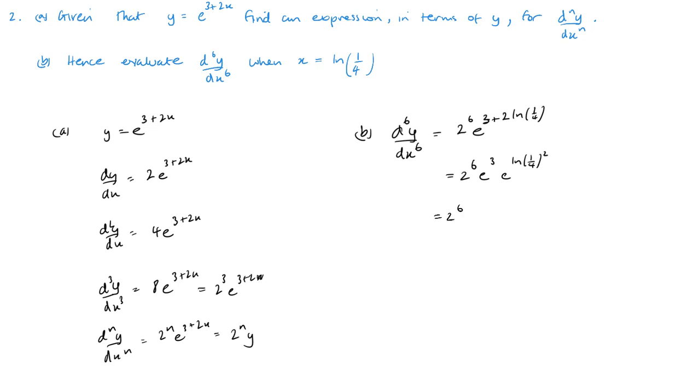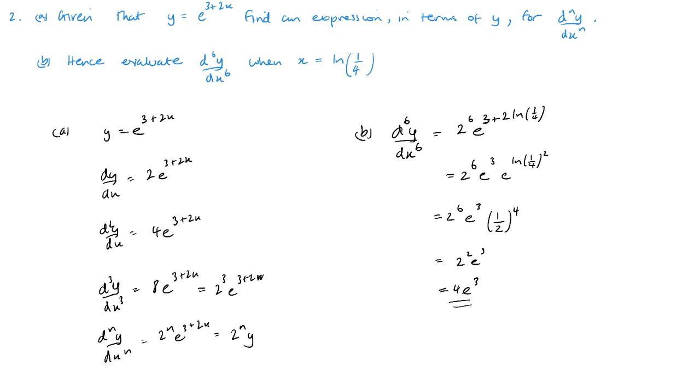So it's 2 to the power 6 e cubed, and this is going to be 1 over, well, I can make it 1 over 2 squared, which would be 1 over 2 to the power 4. So this is going to be now 2 squared e cubed, or 4e cubed. And of course you could do that all in your calculator.